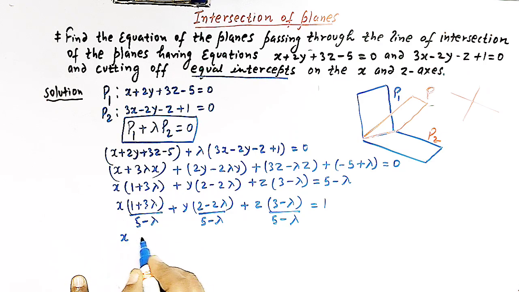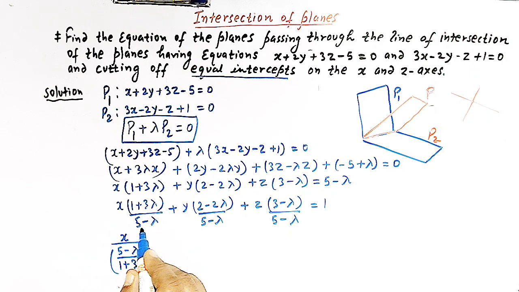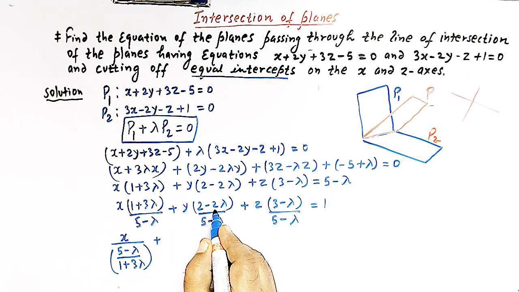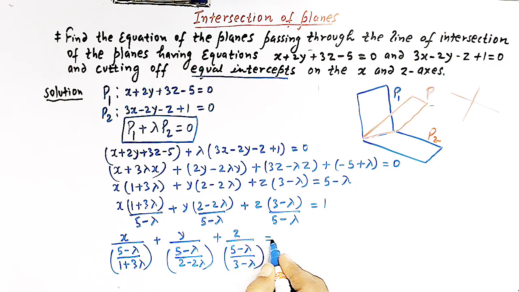We can also write this equation as x over (5 - λ)/(1 + 3λ), taking 1 + 3λ to the denominator of 5 - λ, and similarly y over (5 - λ)/(2 - 2λ), and z over (5 - λ)/(3 - λ), and this is equal to 1.